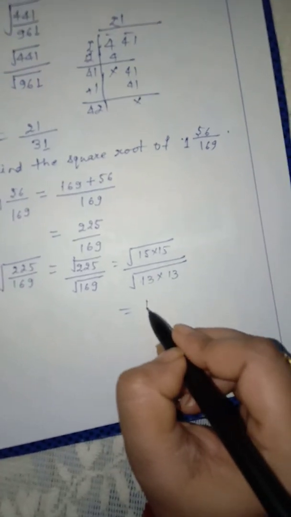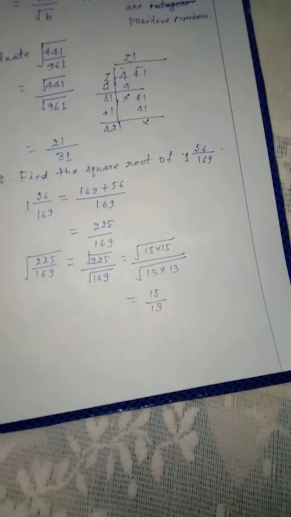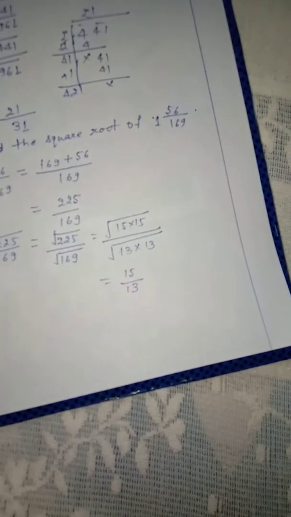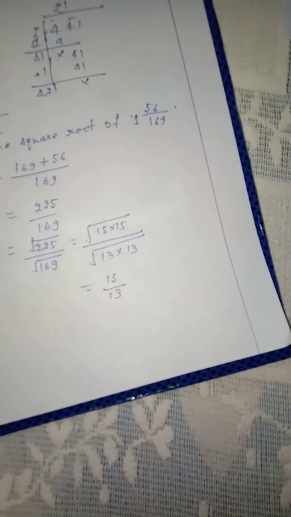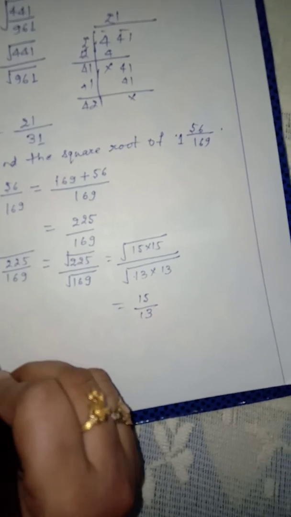So we can easily find it: the square root of 225 by 169 is 15 by 13.